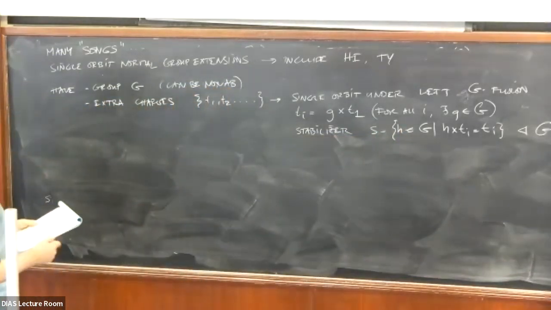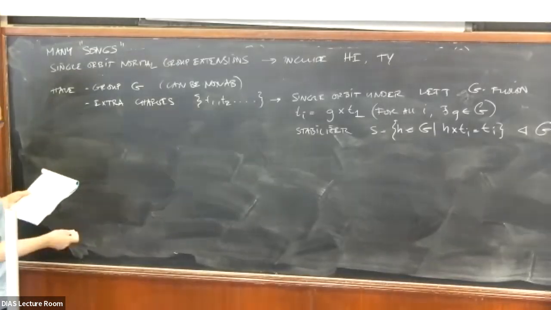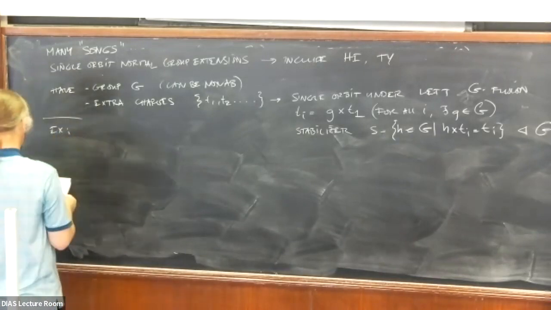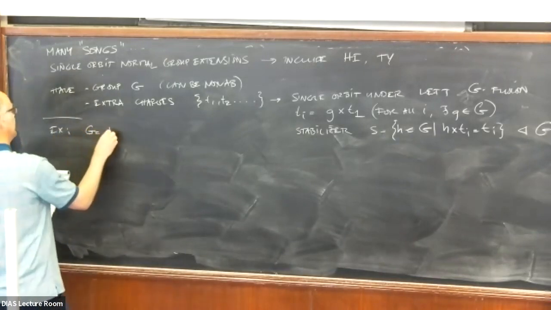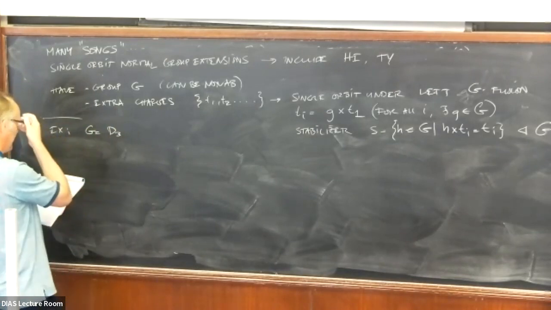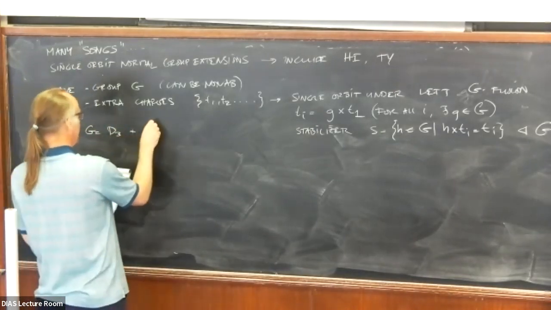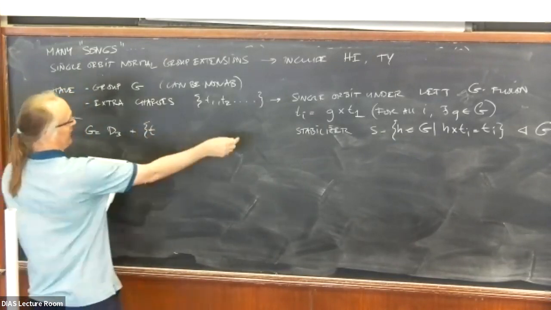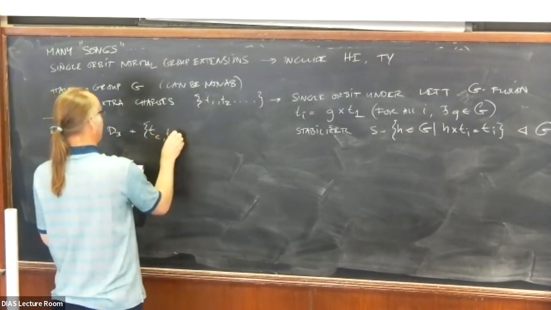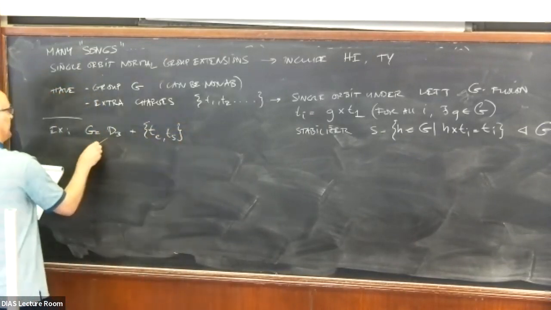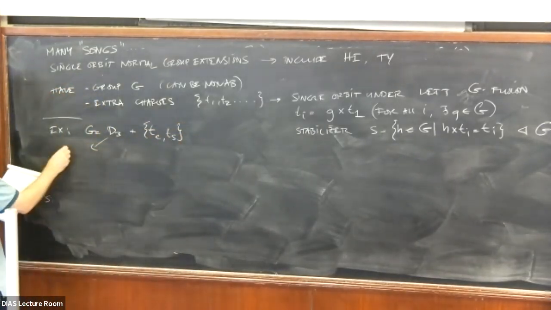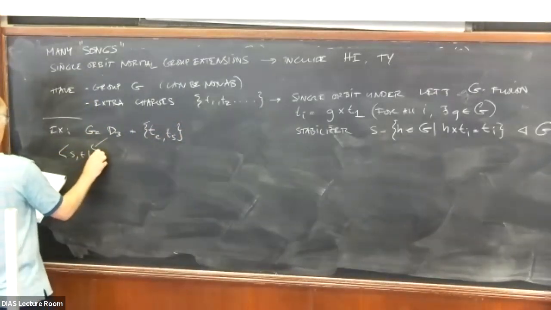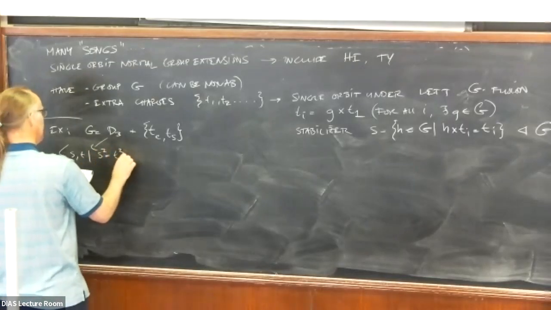But I'll just give you one example, which isn't a Haagerup-Izumi or Tambara-Yamagami example. Take the group D3, and we have two extra elements. Let's call them T_e and T_s. It's probably useful to write D3 as having two elements s and r that generate it, with s squared, r to the third equal to identity.